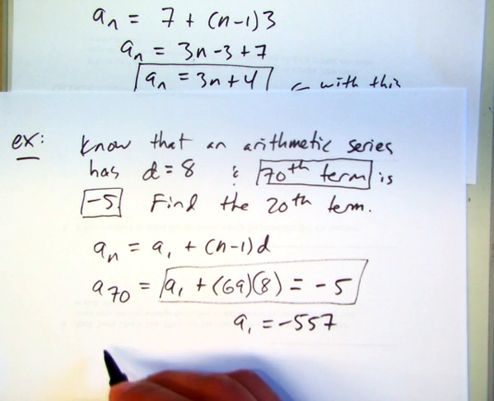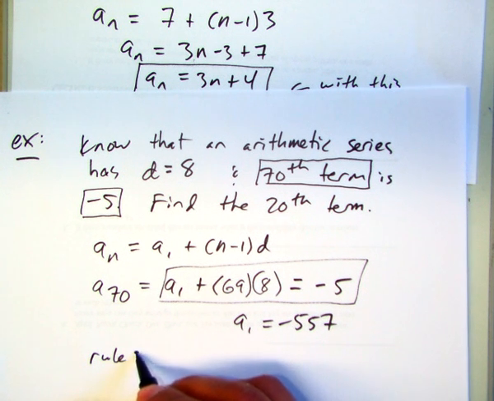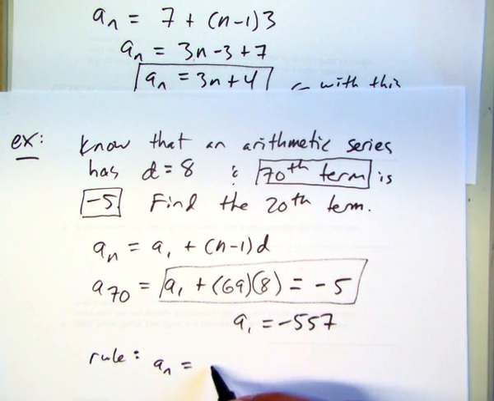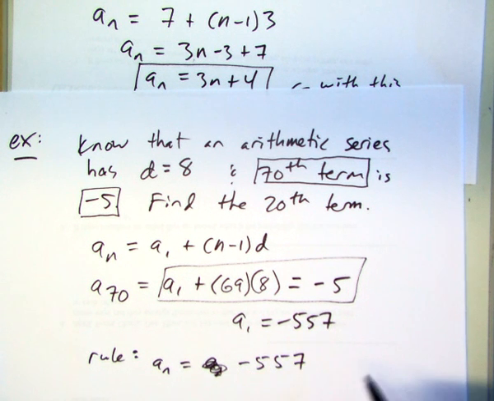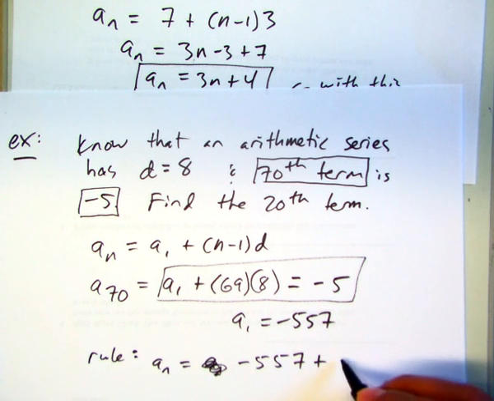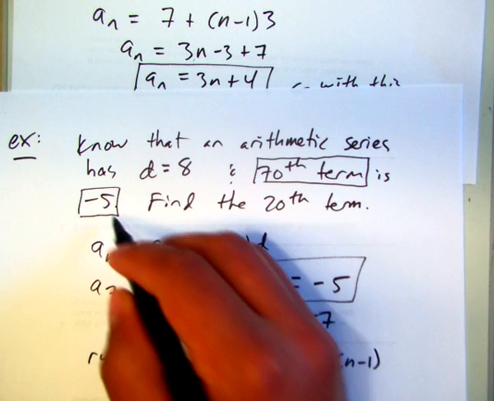So now your rule will be a sub n equal to first term, which I still don't know. Oh no, sorry, I just figured that out. First term is negative 557 plus n minus 1, and d was 8.